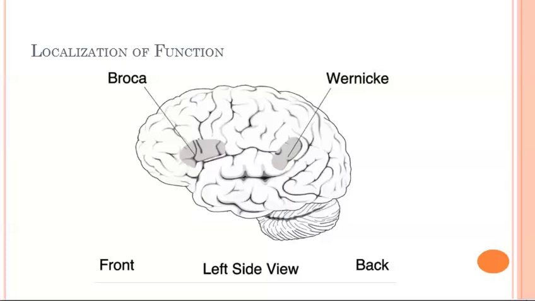Around the same time, German physician Karl Wernicke discovered that damage to a different brain region, the left superior temporal lobe, was associated with impaired speech comprehension. So together, this double dissociation showed that brain damage to specific locations is linked to specific types of behavioral impairments, with one area being referred to as Broca's area and the other referred to as Wernicke's area.